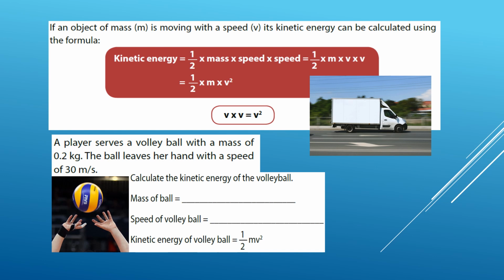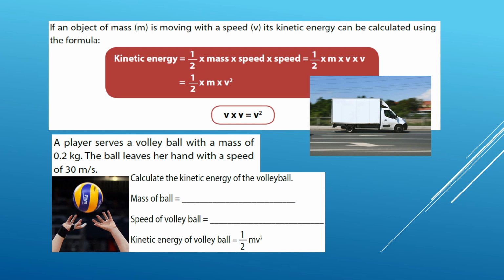So we know the mass of the ball is 0.2 kilogram. The speed of the volleyball is 30 meters per second. Now using kinetic energy of the volleyball is equal to half mv squared, we get half times 0.2 times 30 times 30, which gives 0.1 times 900, which in turn gives 90 joules.